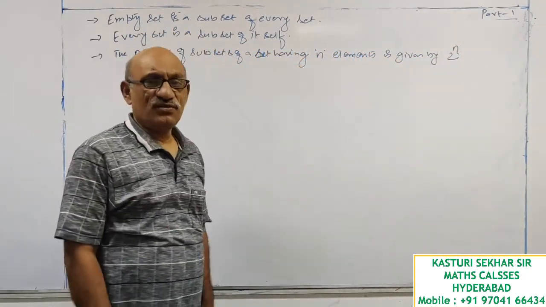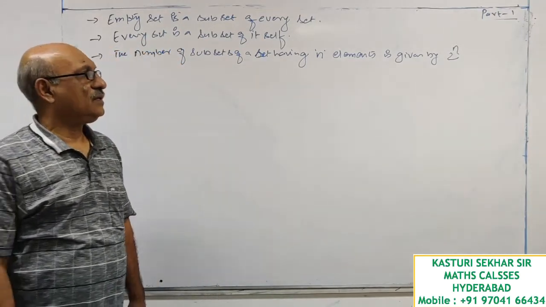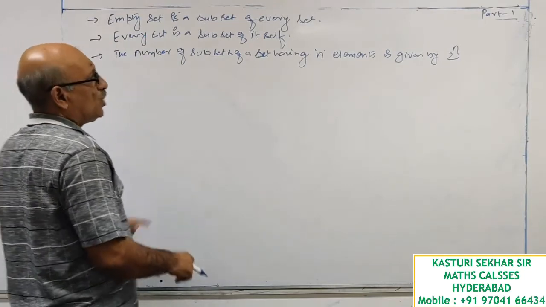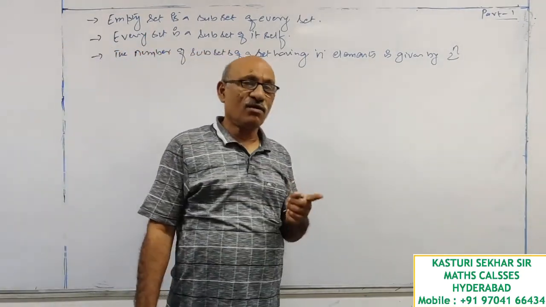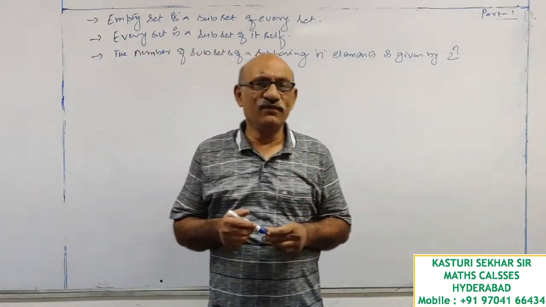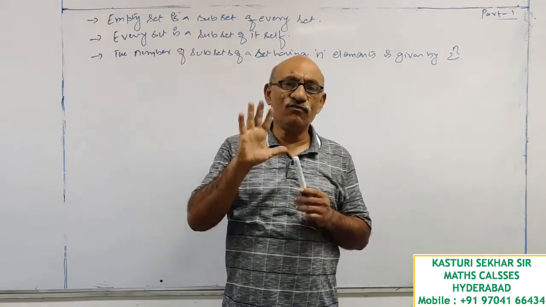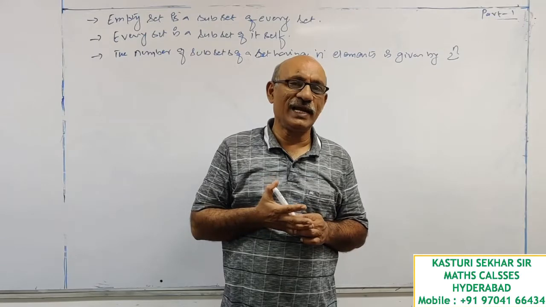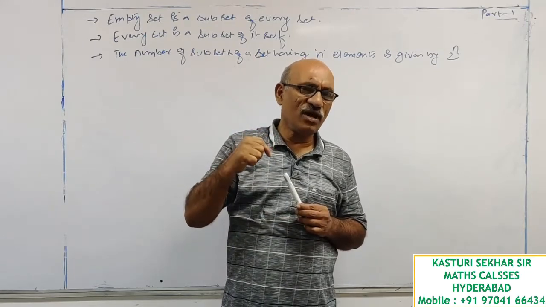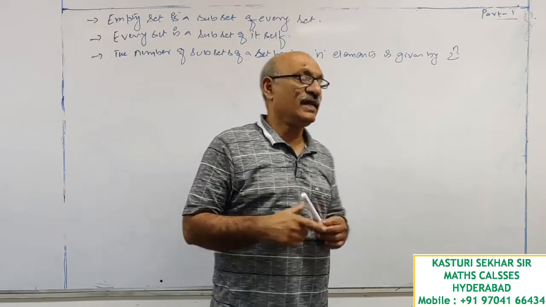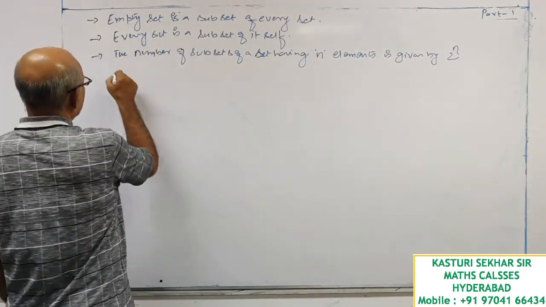How many subsets can we get from a given set? That is 2 to the power of n. If the given set has only 2 elements, 2 to the power of 2, 4 subsets you will get. If the given set has 3 elements, 2 to the power of 3, 8 subsets you will get.